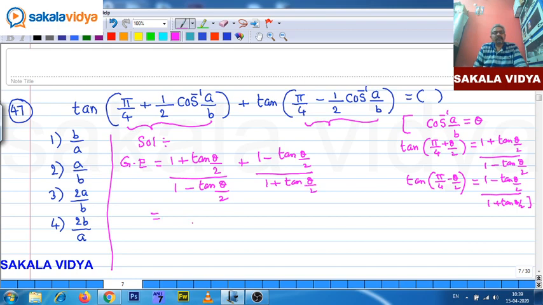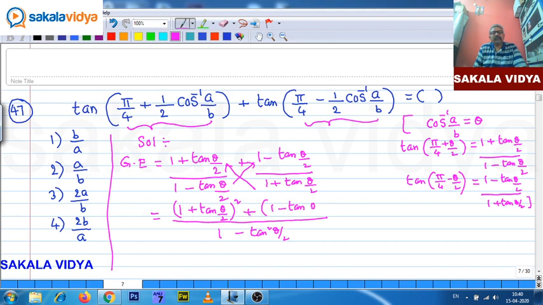So this equals, taking A minus B into A plus B, 1 minus tan square theta/2 as the denominator. This into this, next this into this. So (1 + tan(theta/2)) whole square plus (1 - tan(theta/2)) whole square.